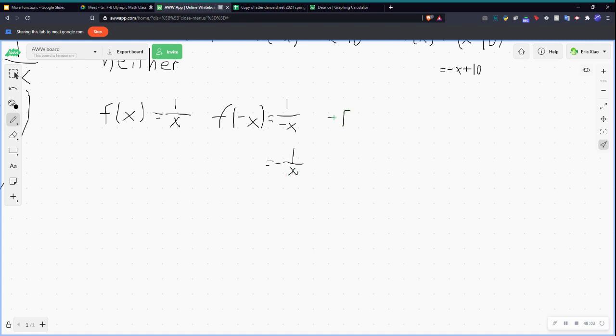Then we also have negative f of x. This is very straightforward. You just put a negative in front of the entire fraction. Now you can see that f of negative x is equal to negative f of x, not equal to f of x. So this function is odd.